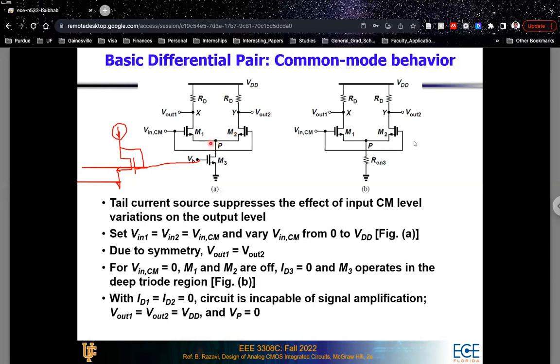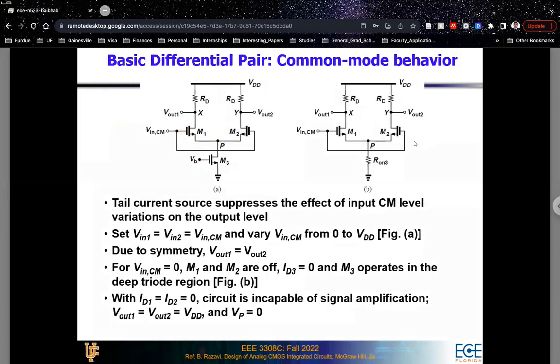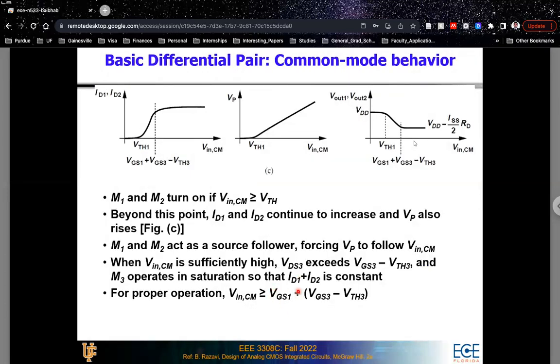With that voltage, if you add the VGS of the M1 transistor or the VGS of the M2 transistor, then you will reach the voltage of your Vin,CM. So Vin,CM has to be larger than VGS1 plus the overdrive of the M3 transistor, so that all your transistors are in saturation now. And if all your transistors are in saturation, the current through both the branches will saturate and will be equal. Also, the output voltage will be equal to VDD minus ISS over 2 times RD. And keep in mind that these are all DC voltages, so we are still doing the DC analysis of the circuit.